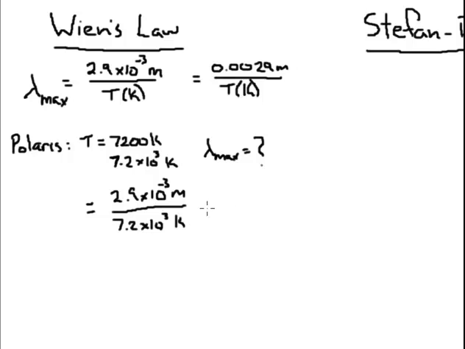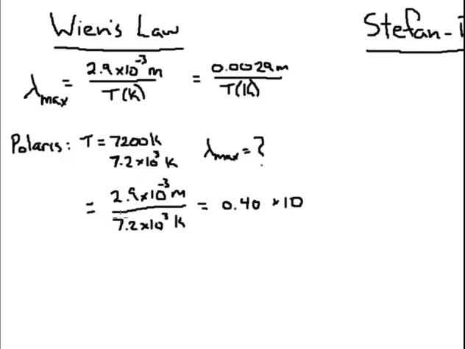So let's check this out. Now I'll use a calculator and type in 2.9 divided by 7.2, and that equals 0.40. Now I would multiply that by the scientific notation. Of course you could just type this whole thing into your calculator, including the scientific notation, but I tend to just look at the first few numbers.